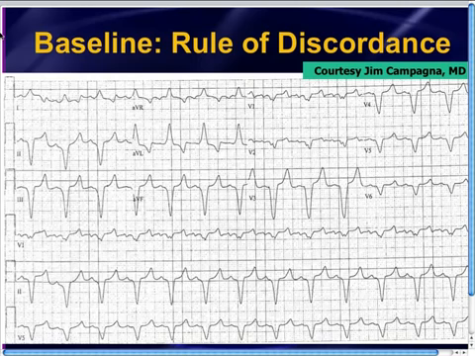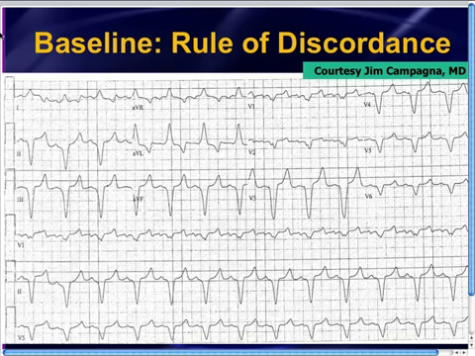Left bundle branch block patients have this thing called appropriate discordance, and so do pacemakers. So here's an EKG. This is provided by Dr. Jim Campana, who's a former graduate of our program, who sent this EKG from a 38-year-old woman who is having an infarction. This was her baseline EKG, and we'll just review what we normally expect to see with a pacemaker EKG.